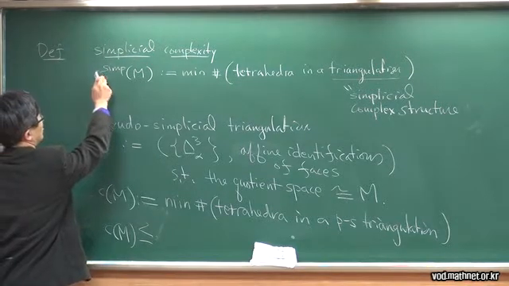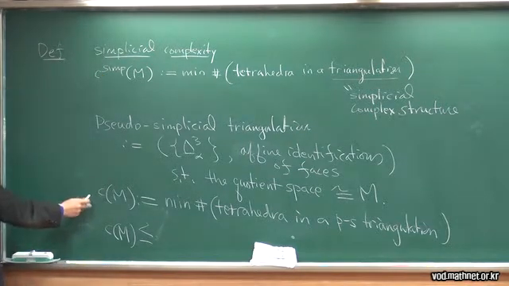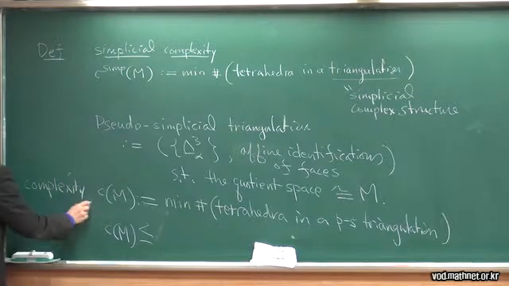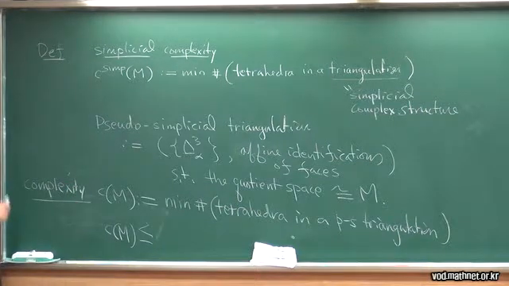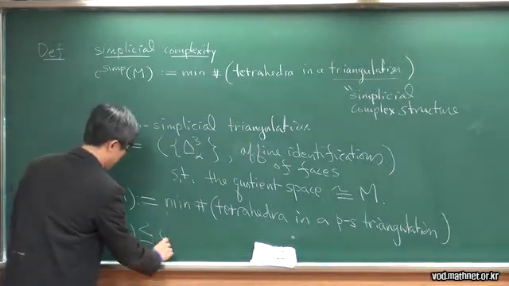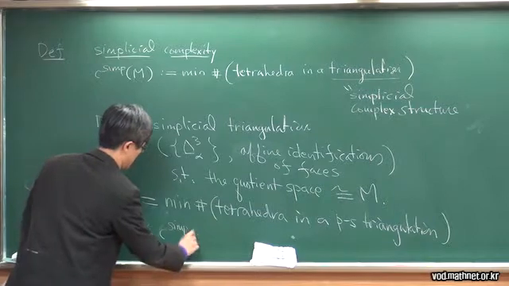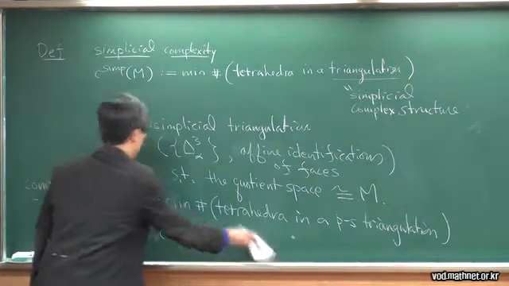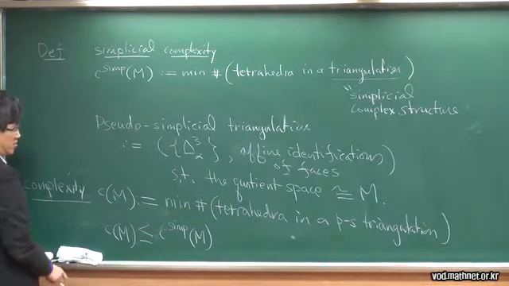I'm going to call this simplicial complexity, and then it would be natural to call this a pseudo-simplicial complexity, but let me just call this the complexity of M, because this name is used in the literature. The complexity is bounded above by simplicial complexity, because a simplicial complex gives us a pseudo-simplicial triangulation.